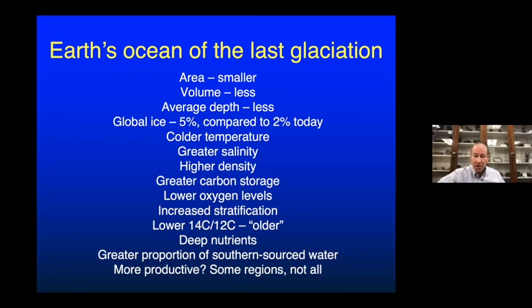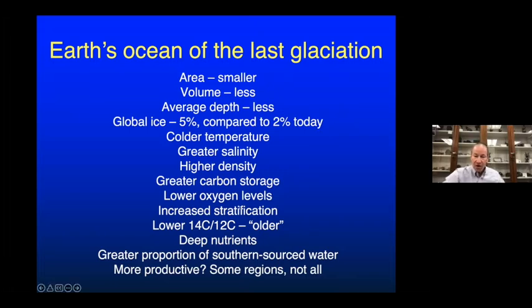There was greater carbon storage in the ocean that left less for the atmosphere. So the greenhouse gas influence on Earth's climate was diminished, and that's a big part of why an ice age was colder.